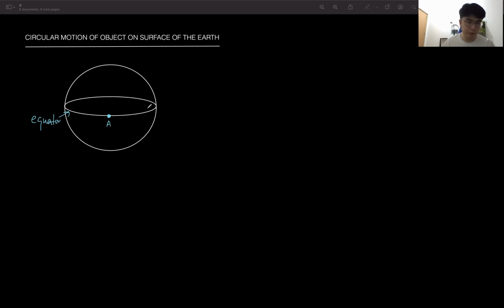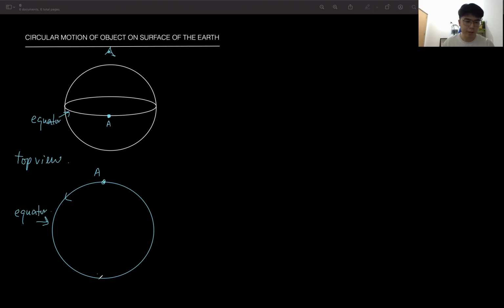Now, same thing, let's say I draw a 2D diagram, this shows the top view. Imagine that you're looking from the top. And this line is the equator. Okay, so our object A is here, moving along the equator.